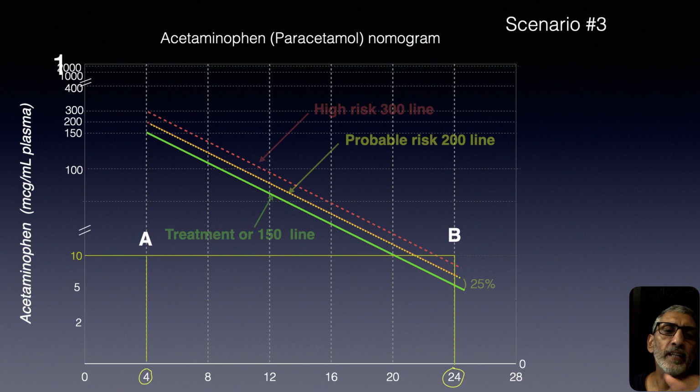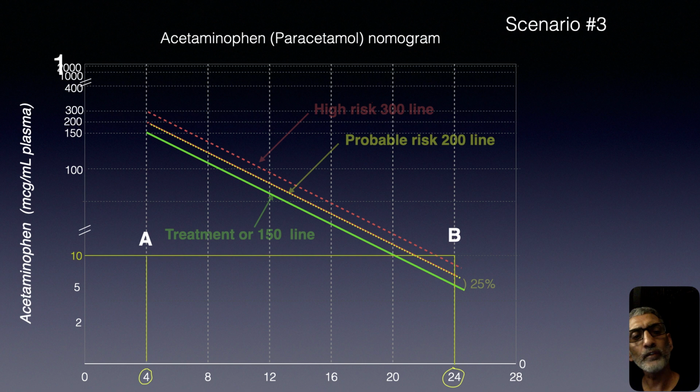So in that case, the patient should be getting the acetadote treatment. The confusion here might come because the level is only 10, so we might say the level is not very high, but look at the timing, very important. This is 24 hours post ingestion. If you extrapolate it backward, the initial concentration of acetaminophen could have been very high.